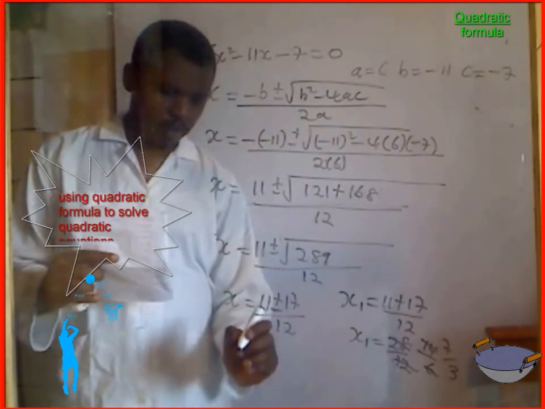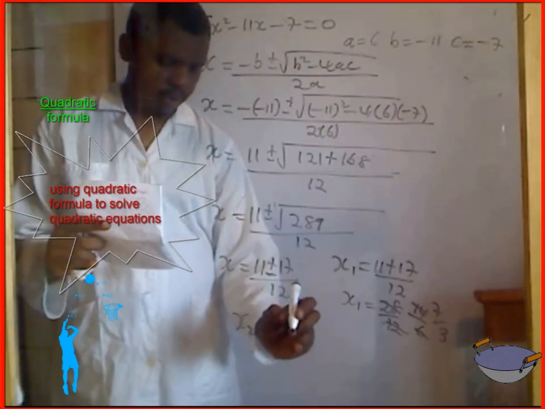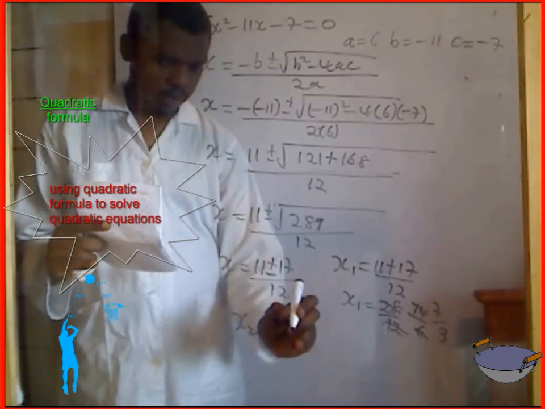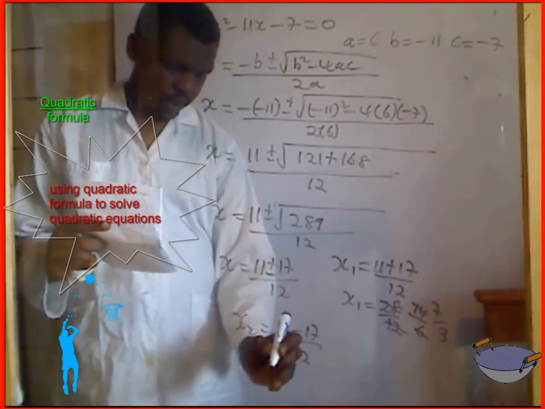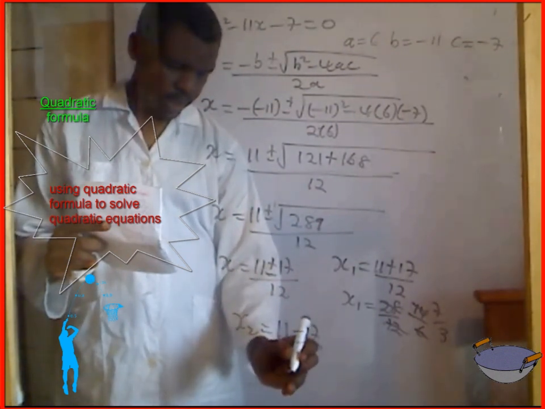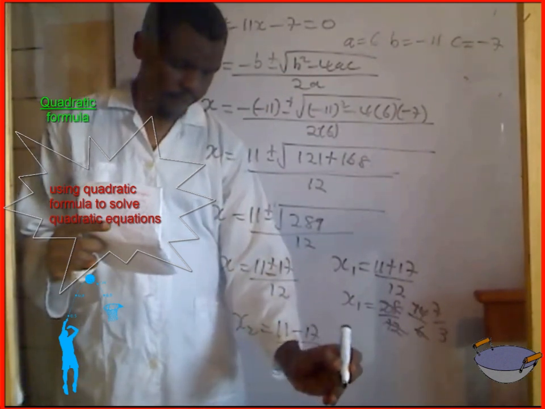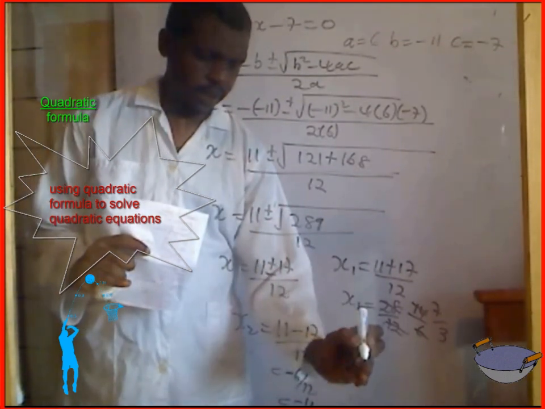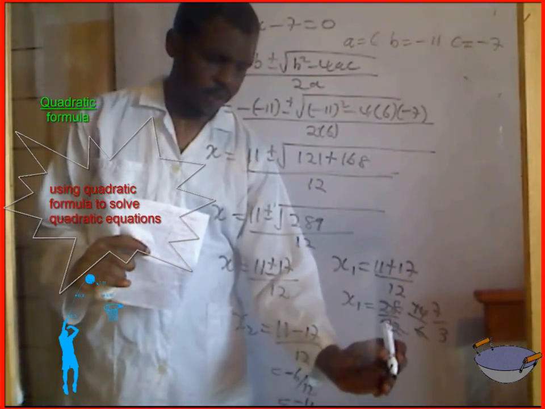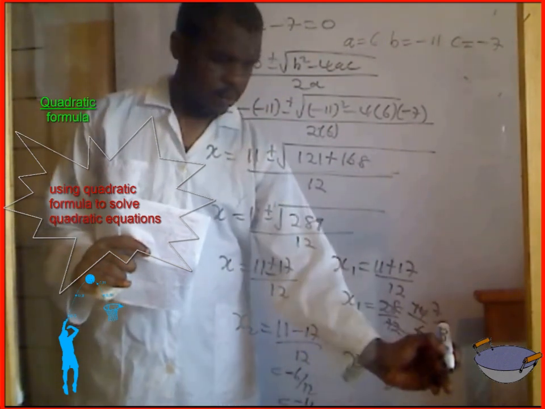What is x2? x2 will be 11 minus 17 all over 12. This is minus 6 all over 12, it gives us minus half. So the two values of x is equals to 7 all over 3, or x is equal to minus half.